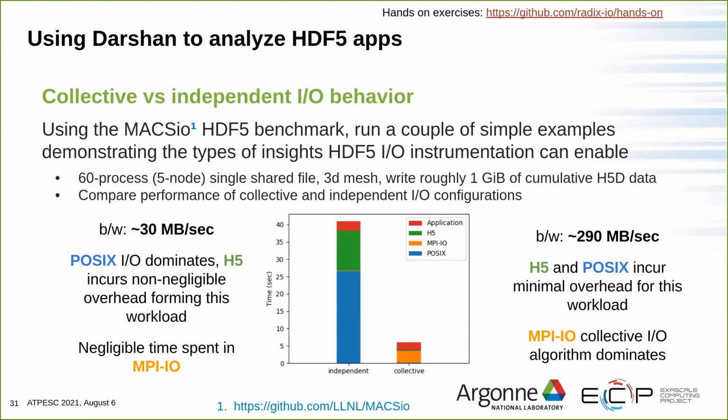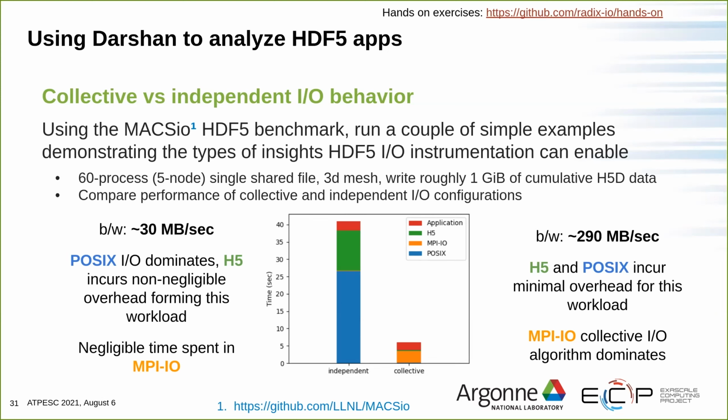I've got the timing of each of those stacked on top of each other here for independent and collective configurations of this workload. You can see the independent is much slower. It's got basically a 30 megabyte per second bandwidth, whereas the collective version has nearly 300. So it's basically an order of magnitude difference between the two.